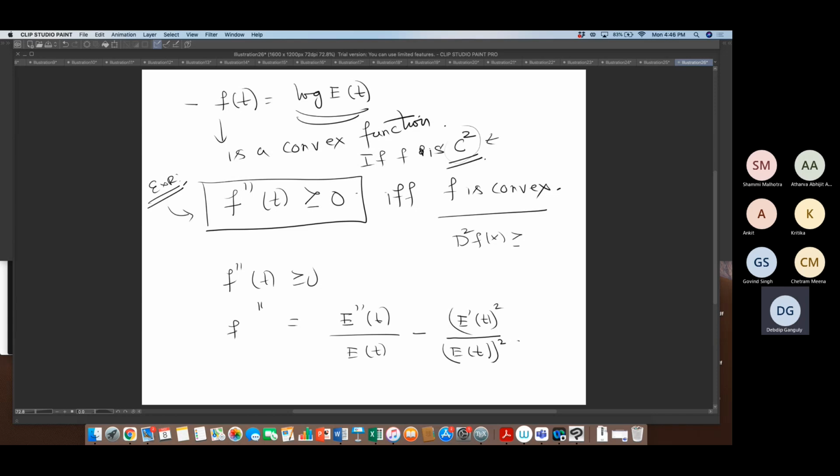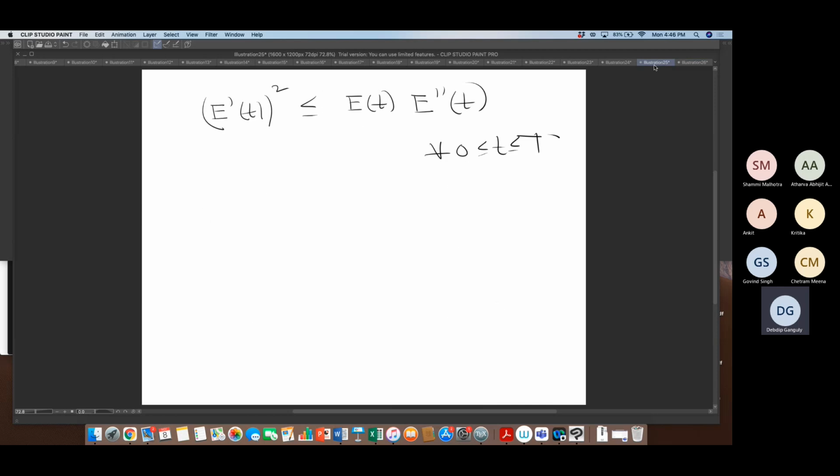This is f prime t. If you compute f double prime t and multiply through, the numerator is e double prime t times e t minus e prime t whole squared, and the denominator is e t whole squared. Use this fact.